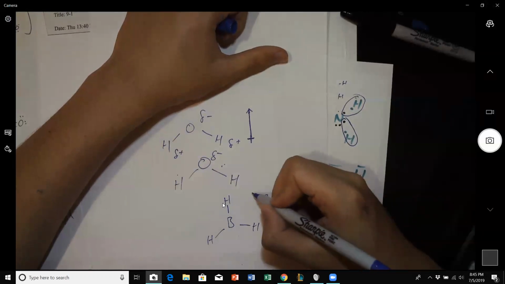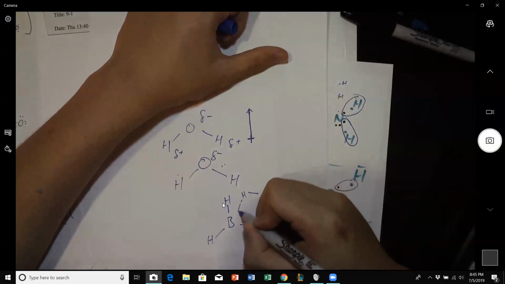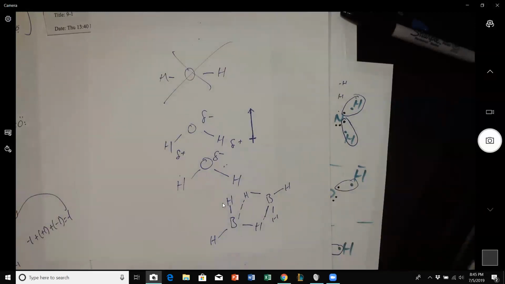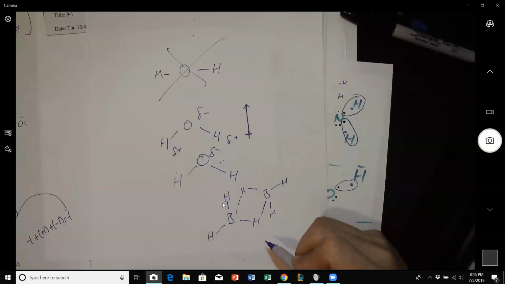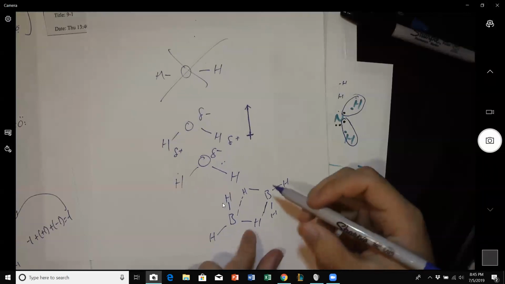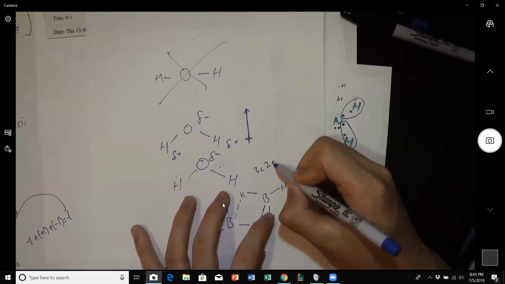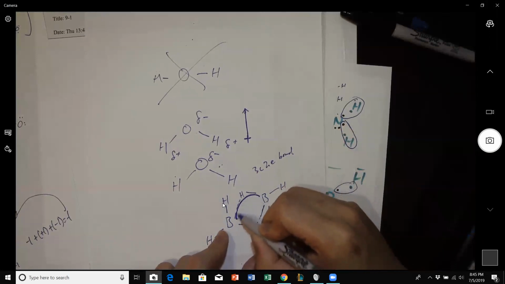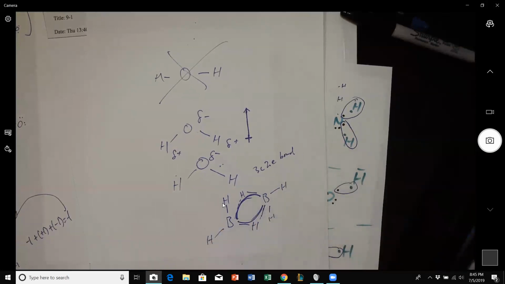I'll try to draw it here. Diborane is interesting because we have these very strange hydrogens with 2 bonds, right? Very strange. What this is, is called a 3-center 2-electron bond, because this bond has 3 atoms but only 2 electrons. So, interesting side note.